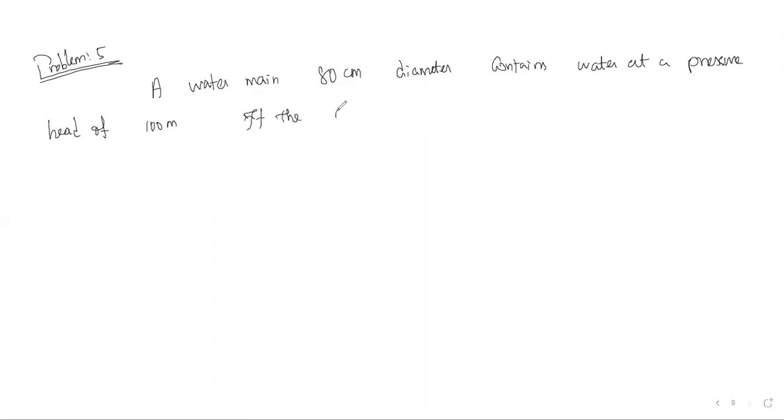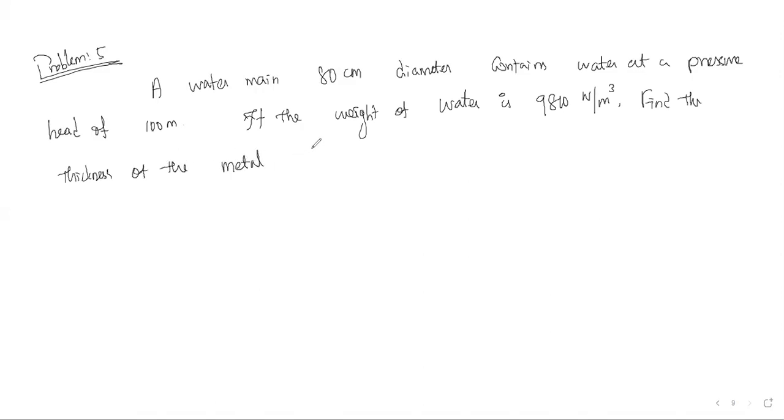If the weight of water is 9810 Newton per meter cube, find the thickness of the metal required for the water main.